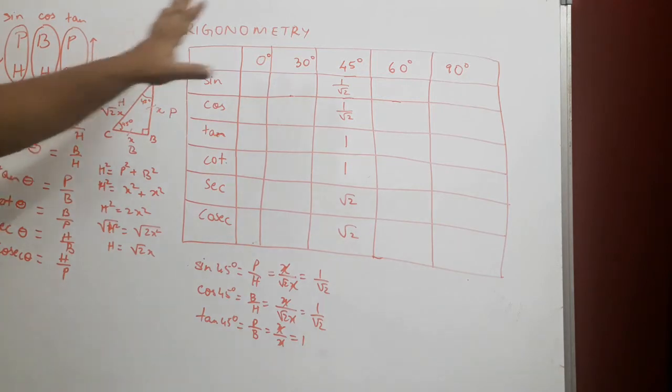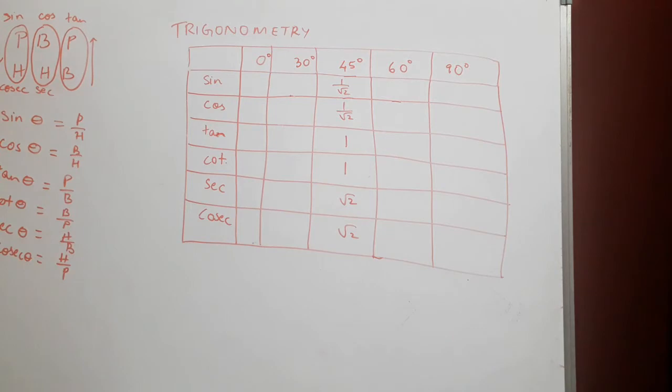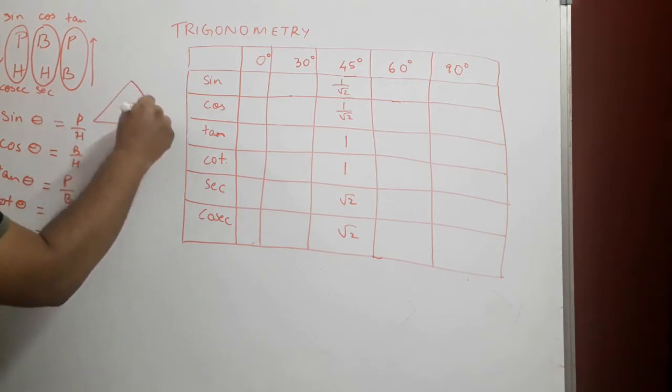So we have found out sine 45. Let's move next to sine 60 degrees and 30 degrees. We'll find them together. To find out sine 60, I'll draw another triangle. It will be an equilateral triangle. And what is an equilateral triangle?